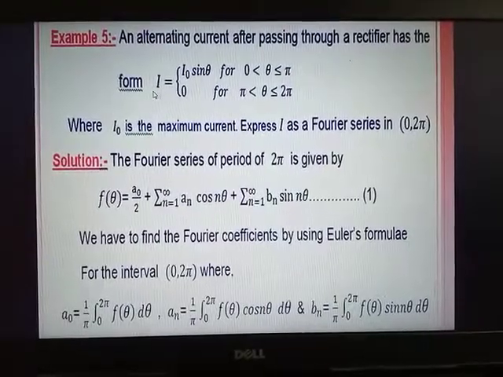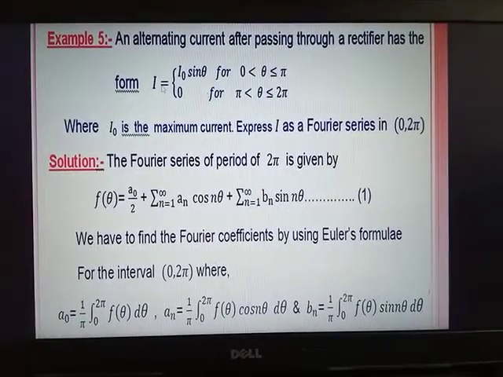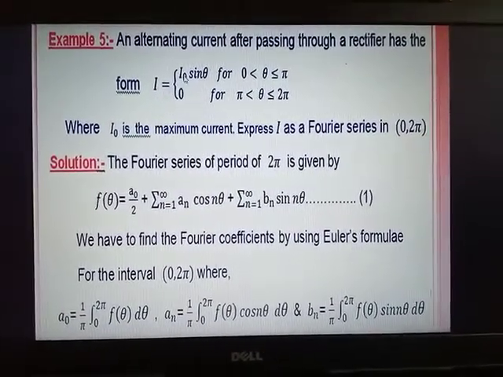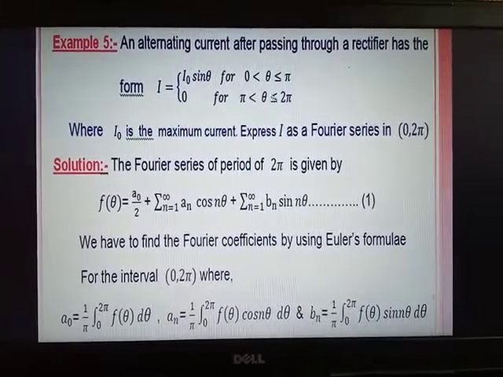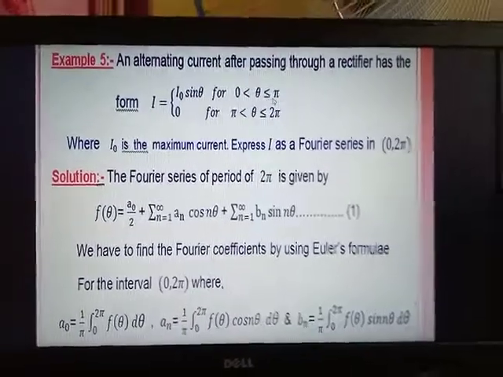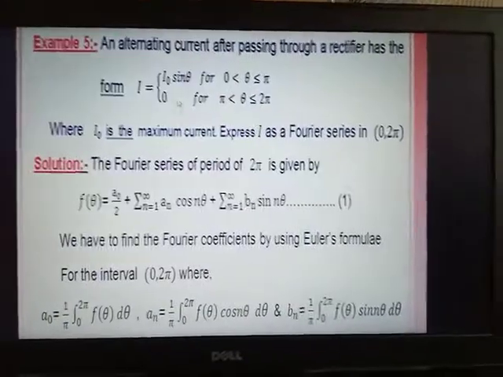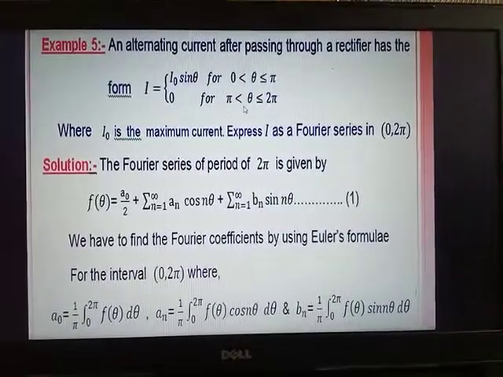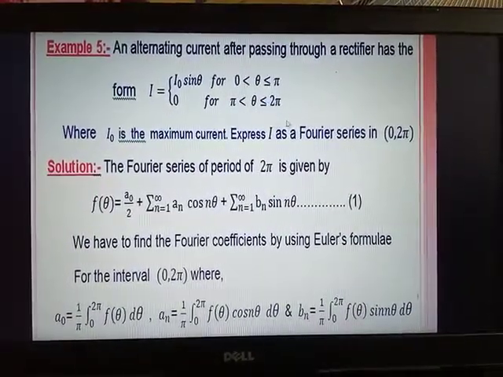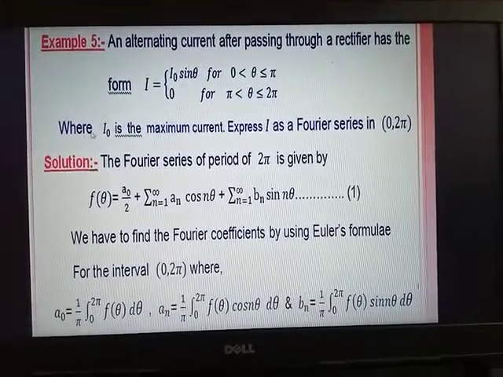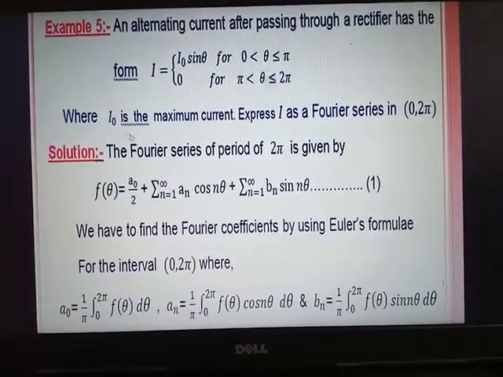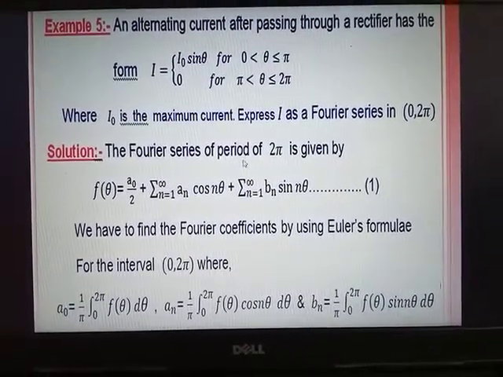Here our given function has two sub functions, meaning I is equal to I naught sin theta when 0 is less than theta less than or equal to pi, and I is equal to 0 for pi less than theta less than or equal to 2 pi, where I naught is the maximum current.